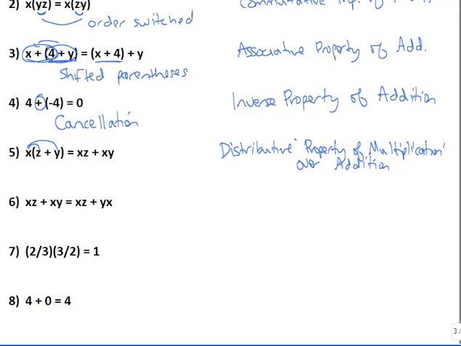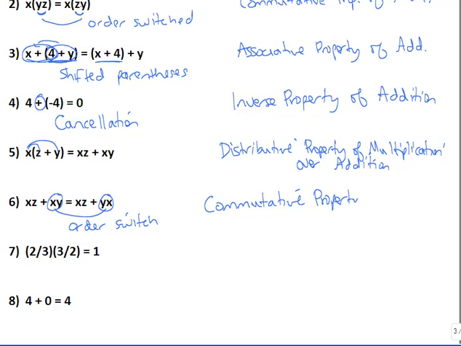Okay, example 6. We have xz plus xy equals xz plus yx. So the only thing that's changed on the left side and the right side is the xy turned into yx, and that's an order switch. And the property that lets you switch order around is the commutative property. So this is the commutative property.